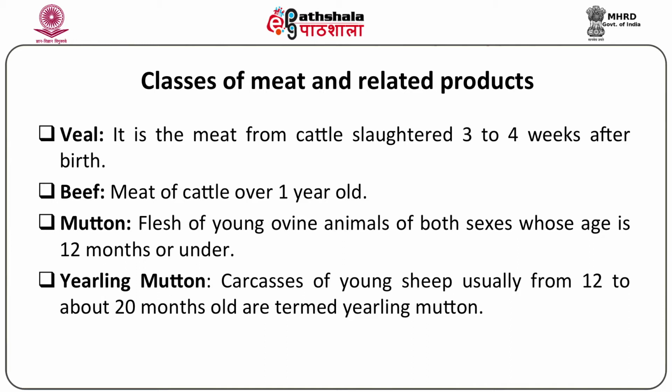Now from the sheep we get the mutton, the yearling mutton and the mature mutton. All these are slaughtered at different stages of age. Mutton is the flesh of young ovine animals of both sexes whose age is under 12 months, and the yearling mutton is the flesh of the young sheep which is usually about 12 to 20 months old, and they are termed as the yearling mutton.